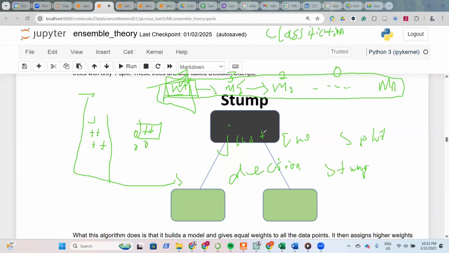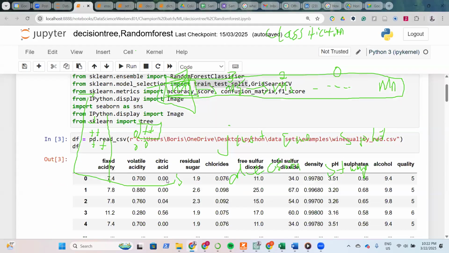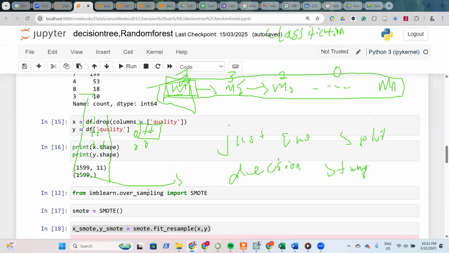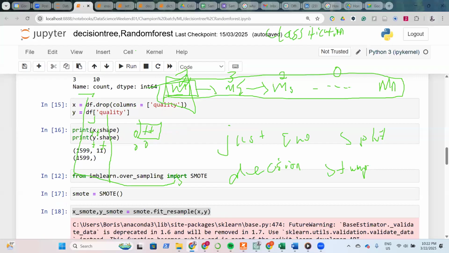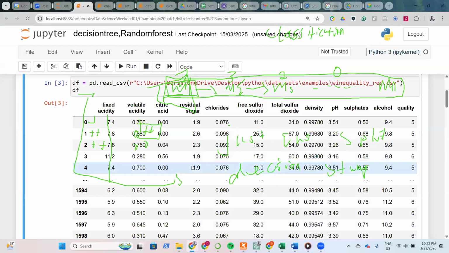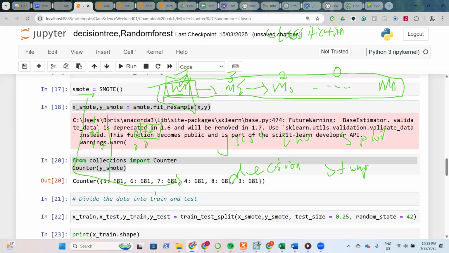So you just set the maximum depth. If you remember when we were doing the decision tree, we still have the decision tree classifier. Let me just run this. Where did I call my decision tree classifier?